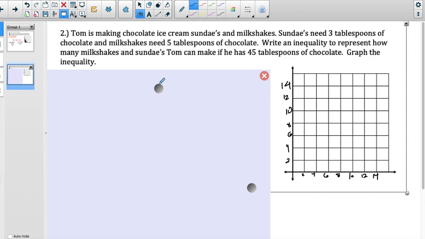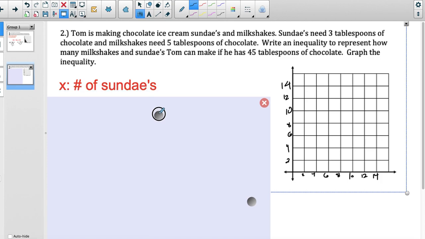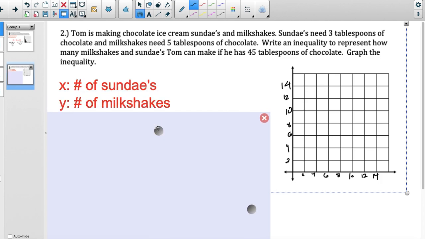And then we're going to graph that inequality afterwards. Again, the number one thing you want to do is to identify some variables. x is the number of sundaes, y is the number of milkshakes.